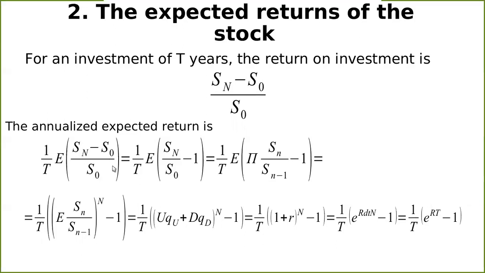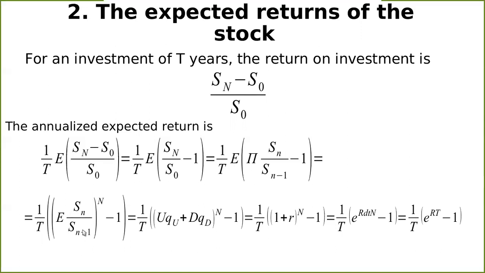It will be Sn divided by S0 minus 1, and Sn divided by S0 we can write as a product of these expressions. And the mathematical expectation of each Sn divided by Sn minus 1 will be equivalent, so we can write this to the power n.